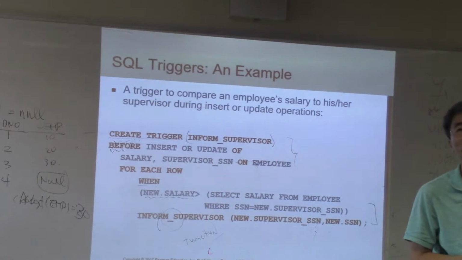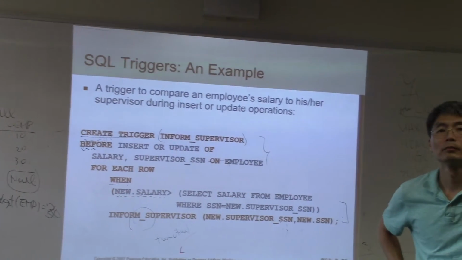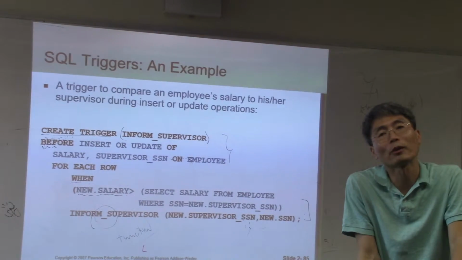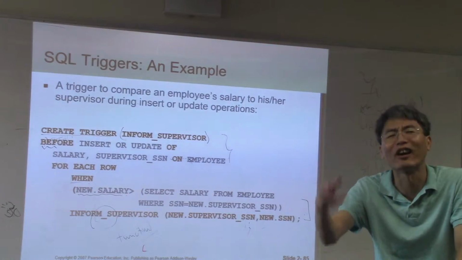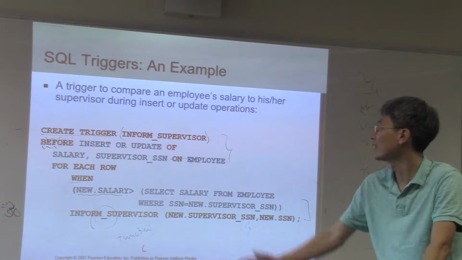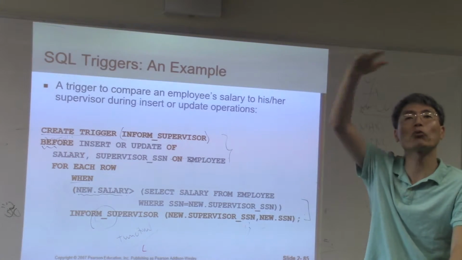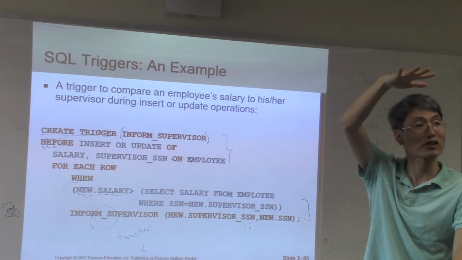Professor, can we use normal queries instead of this? If you are using a normal query, you need to execute it every time. That's the problem. Instead, this is kind of a service program that keeps watching, keeps running as a service program.